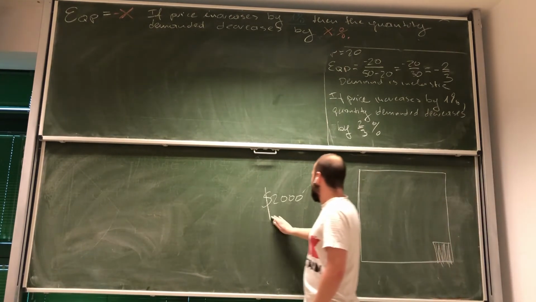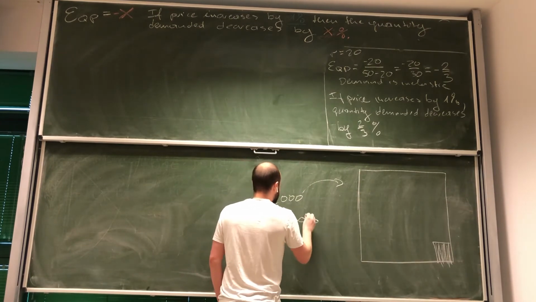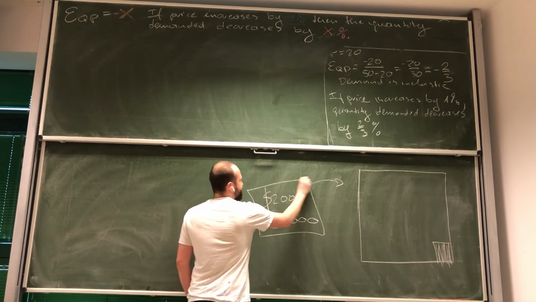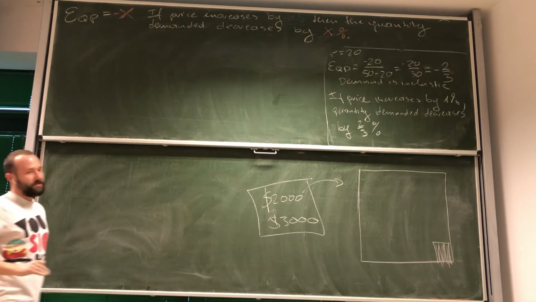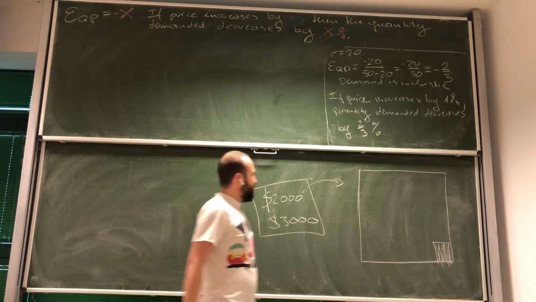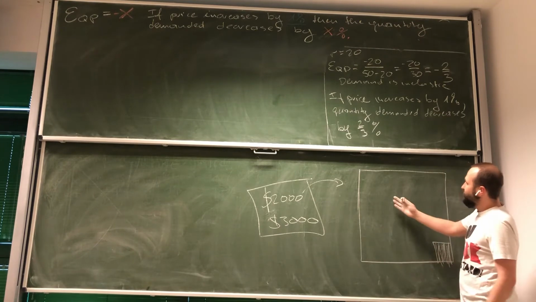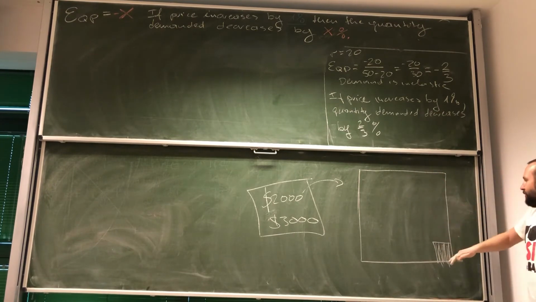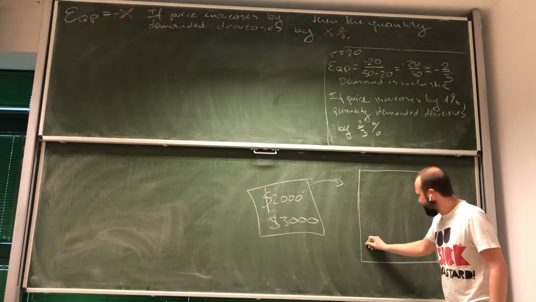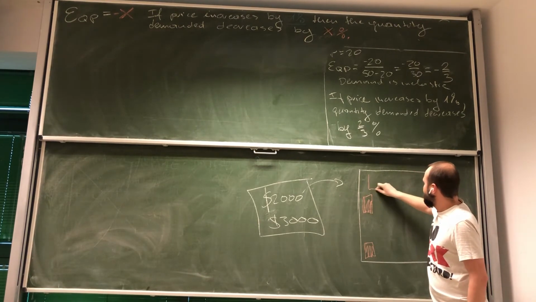Let's just say that you need to pay them $3,000. Okay, and look, this is your business that you've got over here. You want to charge people for parking their cars on your parking lot, right?